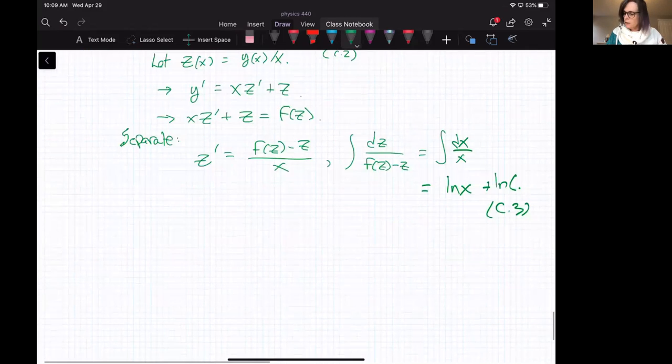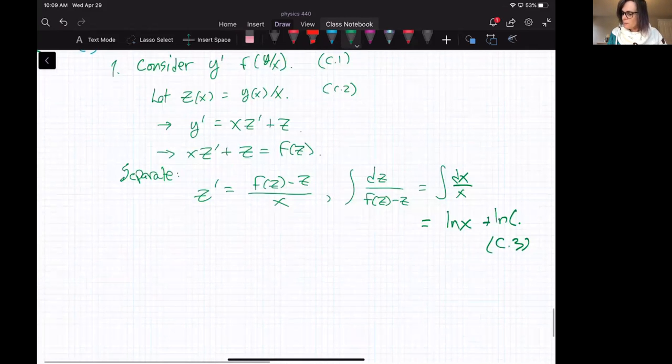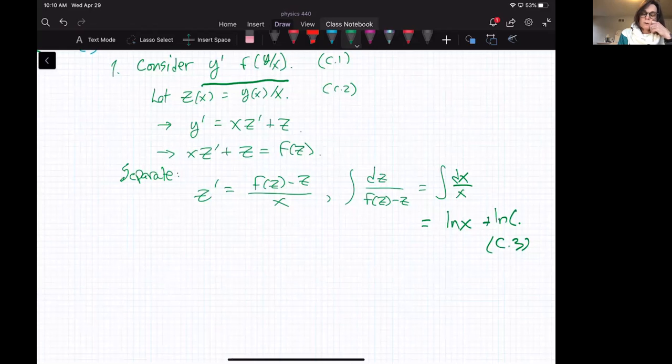Okay. In other words, if we can identify the derivative of y with respect to x as a functional form like this, we can change variables, solve for z, and then solve back for y. So just a completely artificial mathematical example.